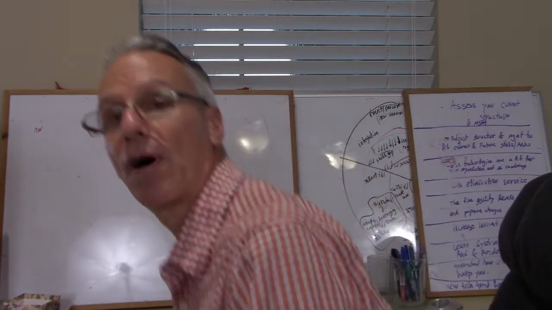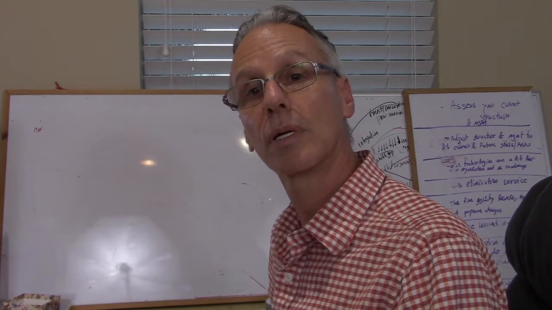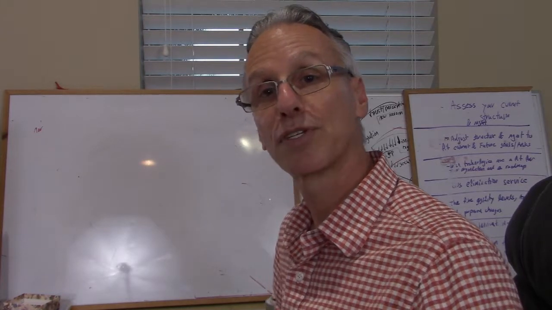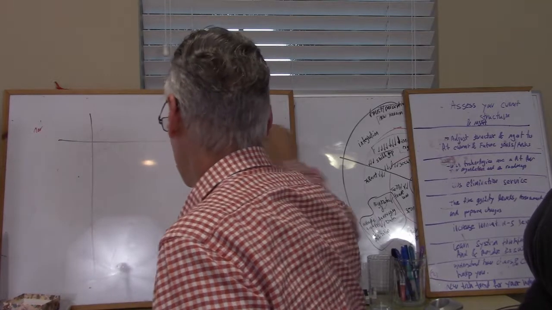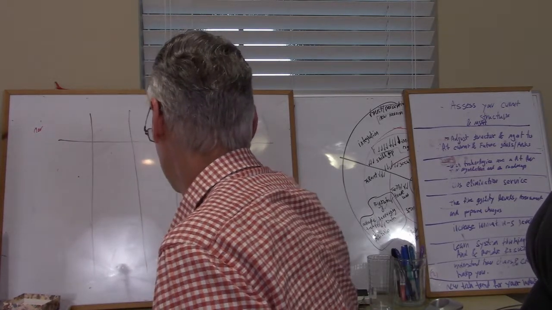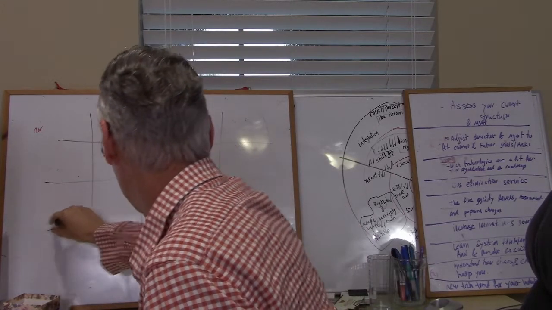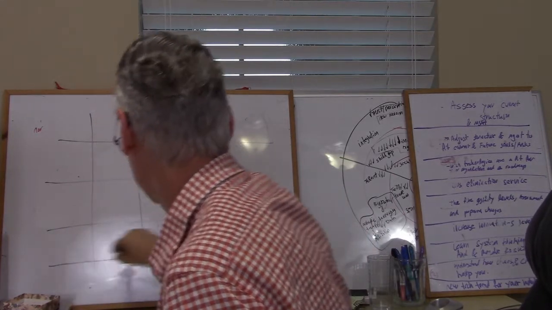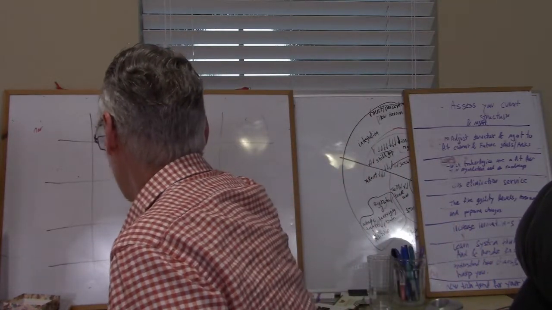So once you've defined the parts of the system, you want to create a matrix. Try to really simplify it. So let's say that we are at a high level.